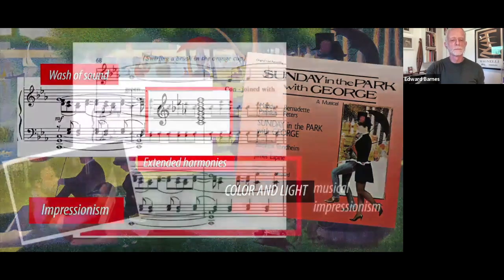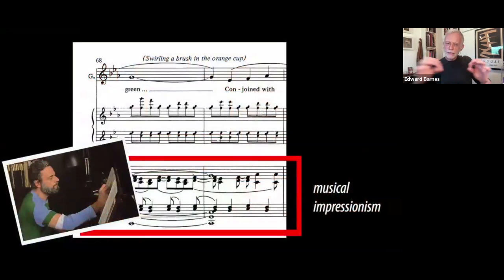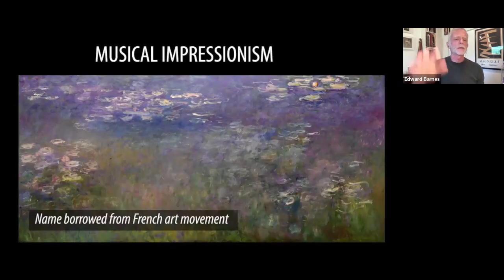Conjoined with orange. So what you hear in this is it starts with single notes as points, then clusters of points, and now we've got something called musical impressionism going on underneath. David and I were talking about this a little way as we came into the class. The name musical impressionism is borrowed from the French art movement, which is called art impressionism.